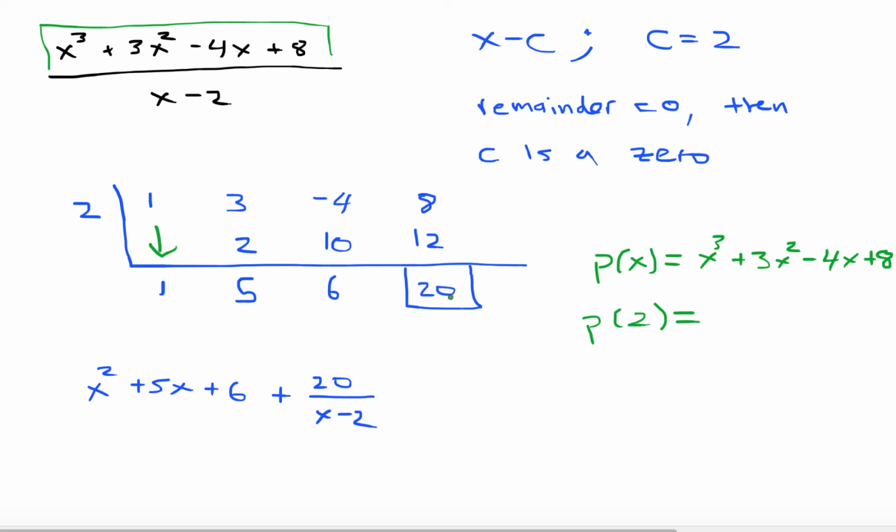What was the remainder that we got in this case? The remainder was 20. So if we plug the 2 into the polynomial, we should get the remainder that we get if we actually do divide them.